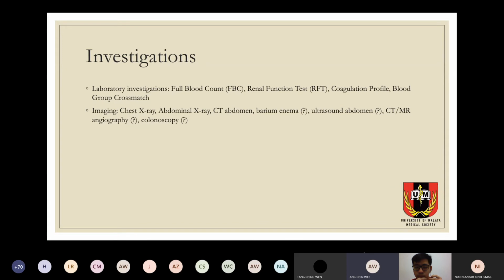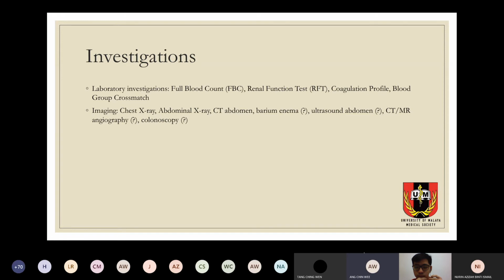The renal function test is important because, like you said, the patient might be in shock already. Been not well, no urine output for the day, so he might be in renal impairment already. Coagulation profile: if the patient is in septic shock, they are likely in multi-organ failure, so the coagulation profile can also go off.